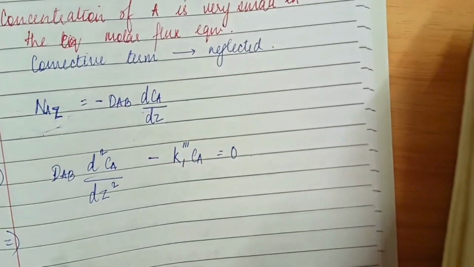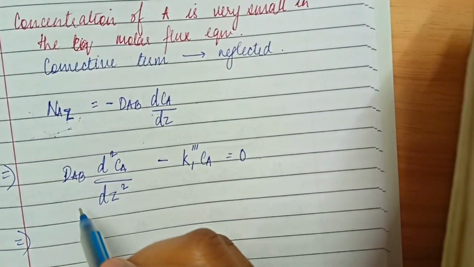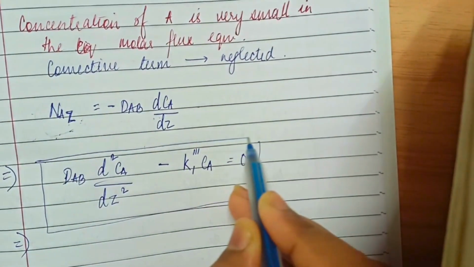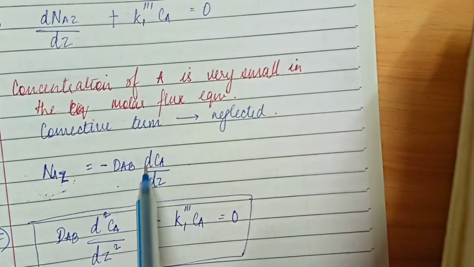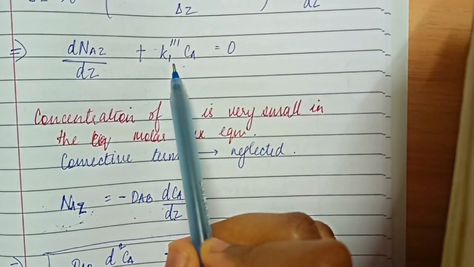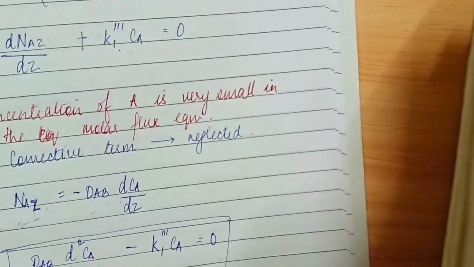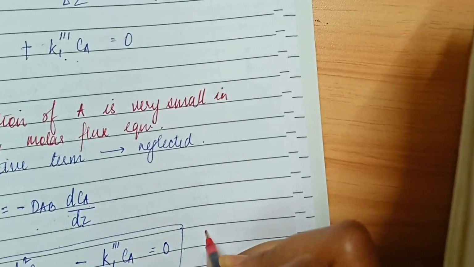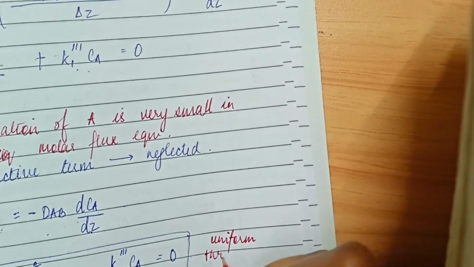So this is the equation which we get to when we put NAZ as minus DAB dCA by dZ into the shell mass balance equation. And this happens because the total molar concentration C is almost or virtually uniform throughout the liquid.